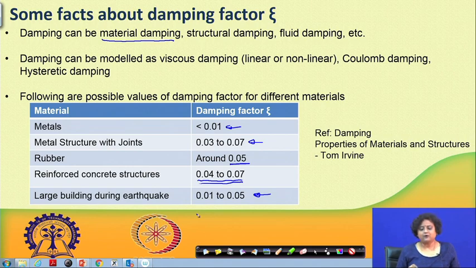There are other forms of damping as well, such as Coulomb damping and hysteretic damping, which we will talk about in the next lecture. In the next lecture, I will also talk about how to experimentally measure the damping factor for an underdamped system, and we will solve example problems on damped free vibration of a single degree of freedom system. Thank you.